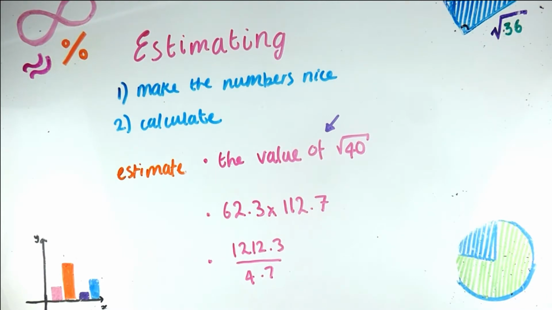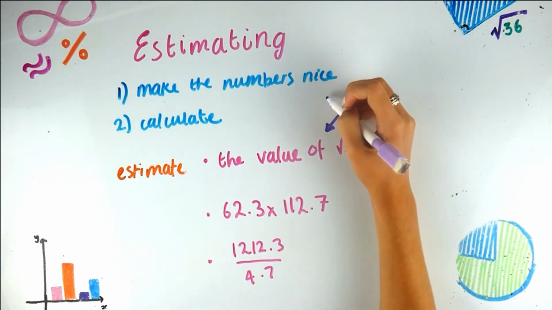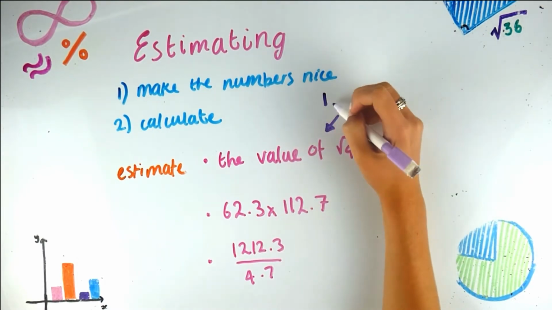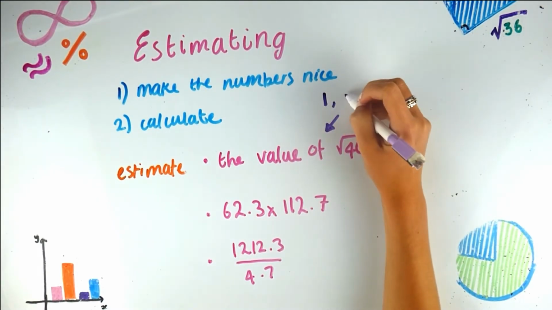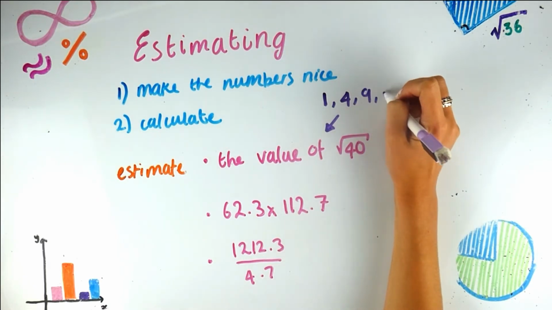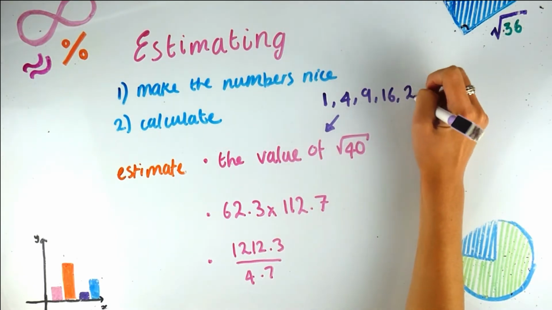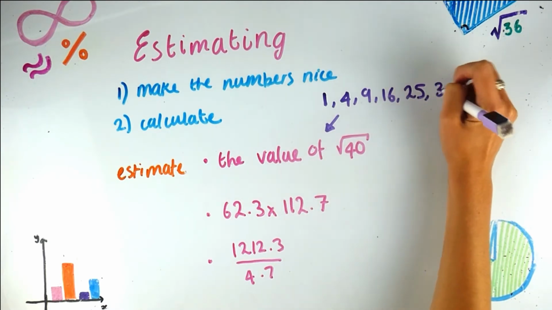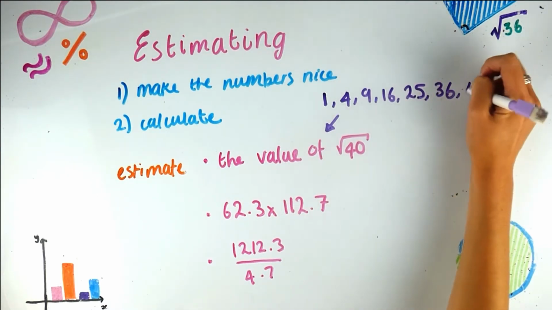I don't know. So what we're going to do is, if we think of our square numbers, we have 1 squared is 1, 2 squared is 4, 3 squared is 9, 4 squared is 16, 5 squared is 25, 6 squared is 36, 7 squared is 49.